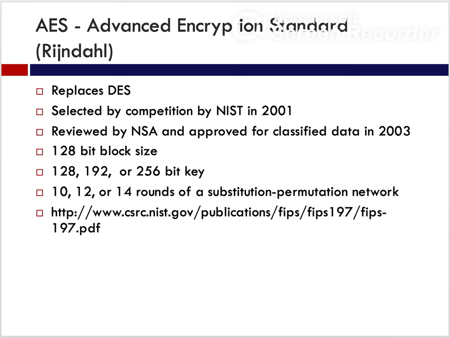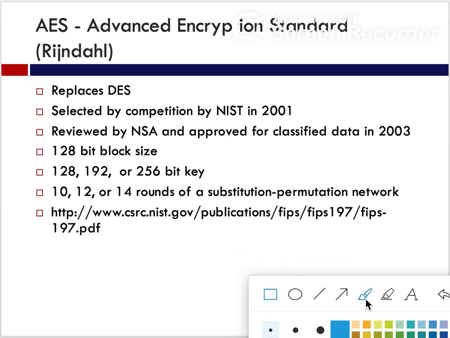Okay, Advanced Encryption Standard. The AES algorithm has these properties. Its block size is 128 bits. Like DES block size was 64 bits, AES block size is 128 bits. AES gives you the privilege of using 3 different key lengths: you can use a 128-bit key, a 192-bit key, or a 256-bit key.